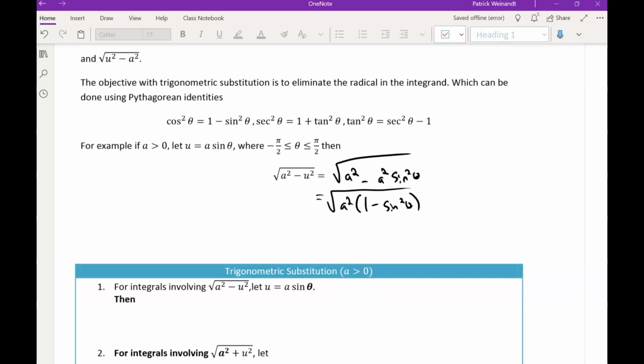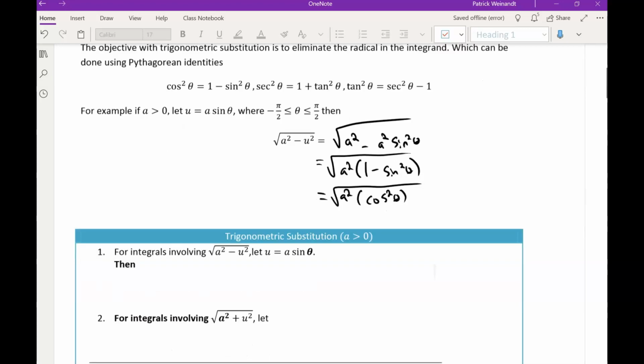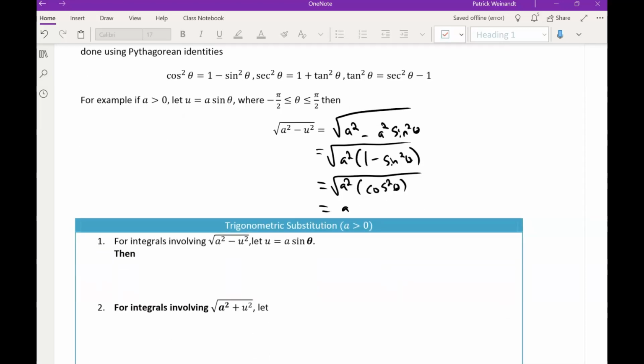Using the trig identity, 1 minus sine squared theta is just cosine squared theta. So this is the square root of a squared times cosine squared theta. Taking the square root of two things that are being squared, I'm left with a cosine theta.